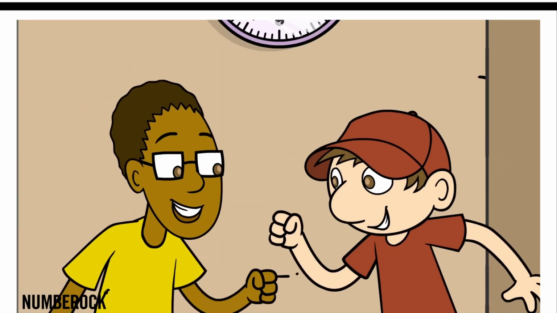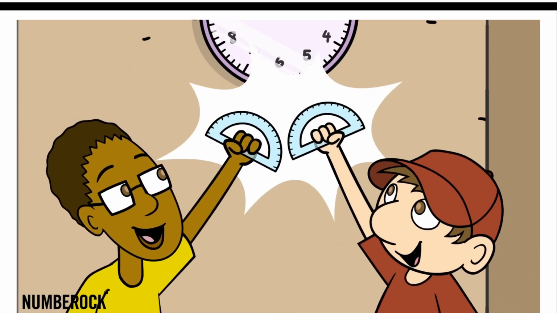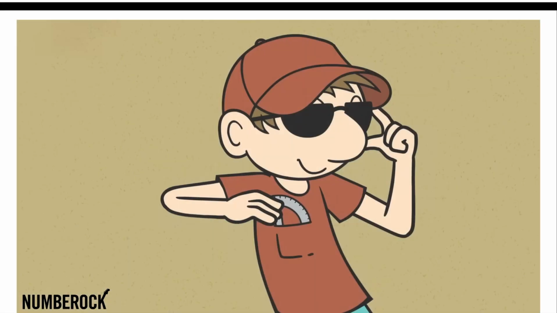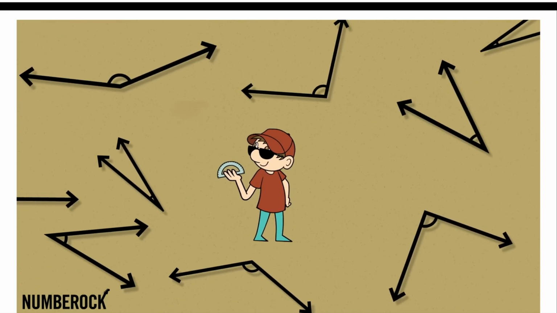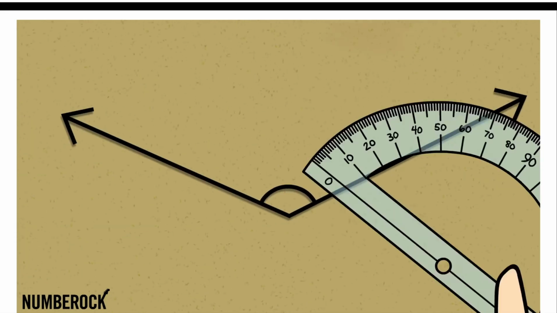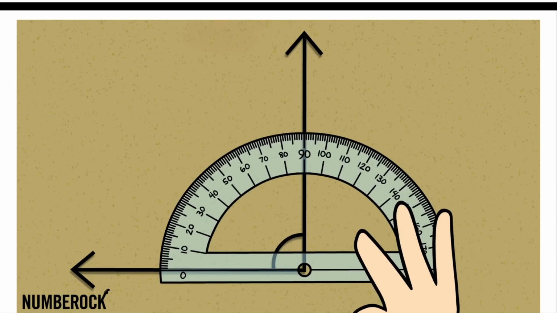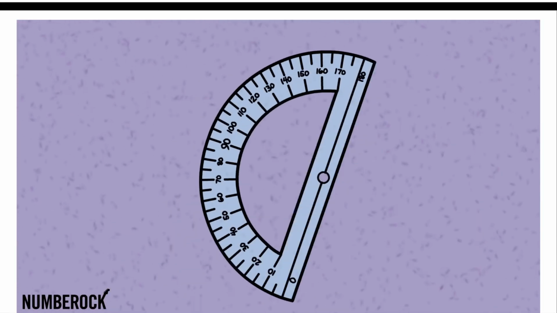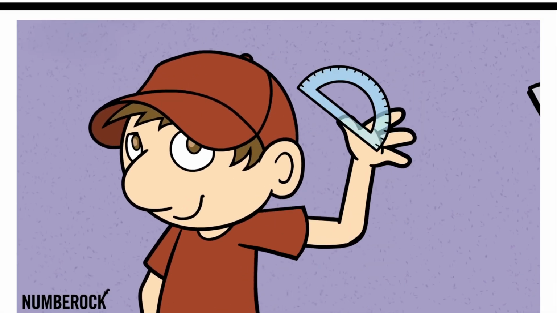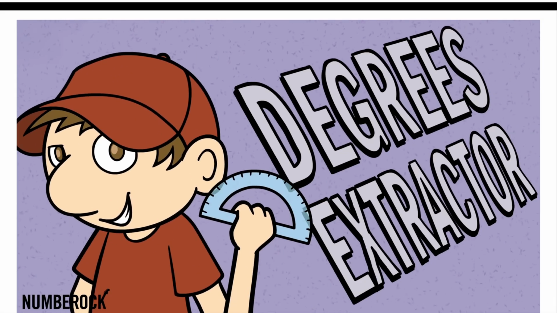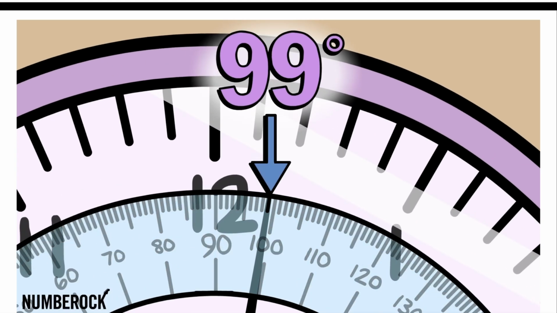We high-fived, followed by our secret handshake. Our love of protractors is a bond that no one can break. Protractor in my pocket, angles, degrees is my pursuit. I can measure any angle with precision absolute. Take that protractor in my hand, it's my favorite device. It's my degrees extractor, and I measure so precise.